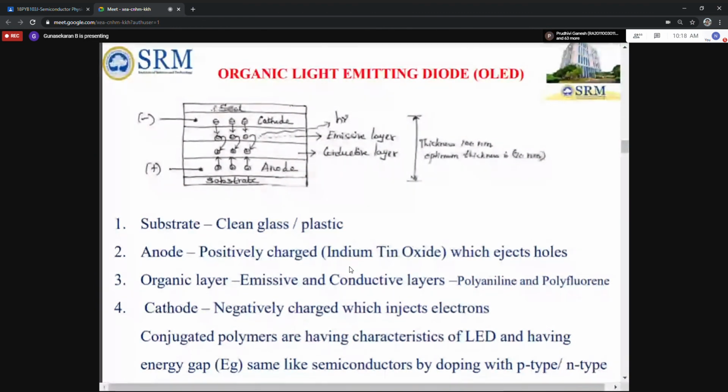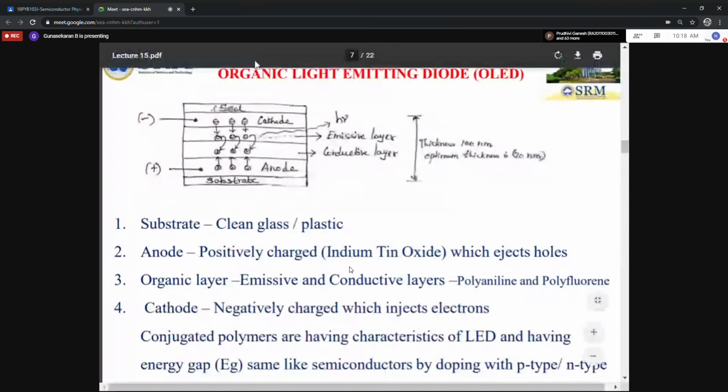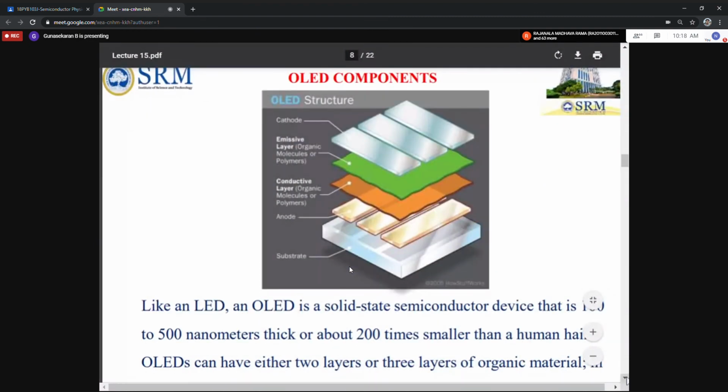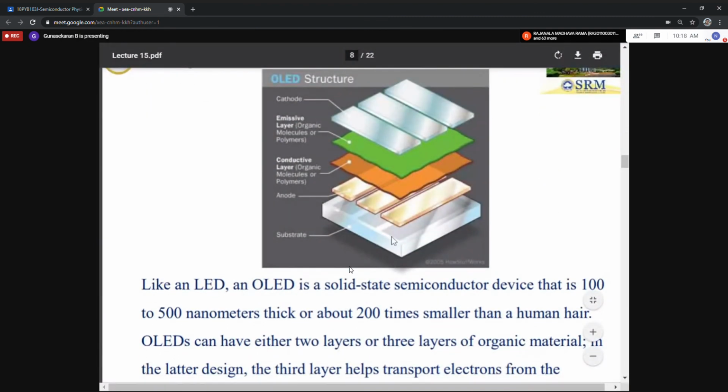Okay, and for these 6 layers, I will show one more diagram. See whether the diagram is visible for you. Please check. Yes, this is the cathode layer, this is the anode layer, and this is the conductive layer.